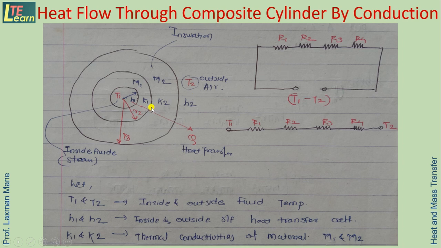So here are resistances R1, R2, R3 and R4. The temperature inside is T1, the outside temperature is T2. H1 is the inside heat transfer coefficient and H2 is the outside fluid heat transfer coefficient.